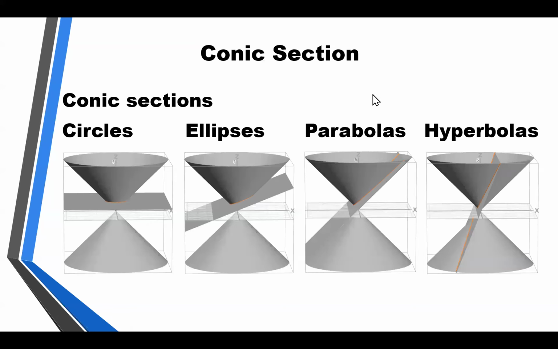So this concludes a very long video on conic sections. We dealt with the circles, the ellipses, the parabolas, and the hyperbolas. Obviously, we avoided the trivial conic sections of a point, a line, and 2 intersecting lines. But we saw a lot of features of circles, ellipses, parabolas, and hyperbolas.